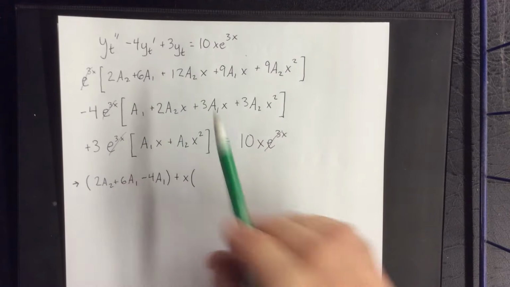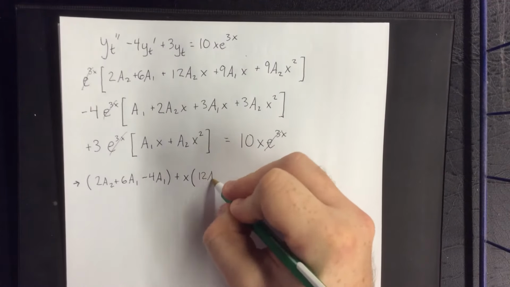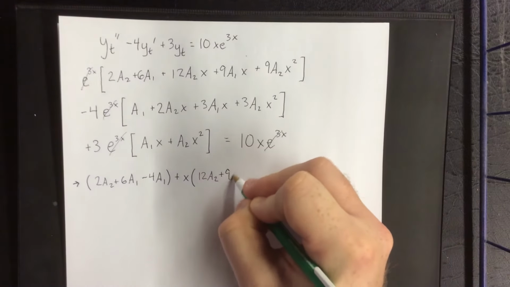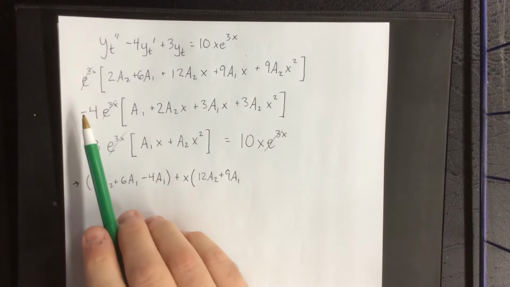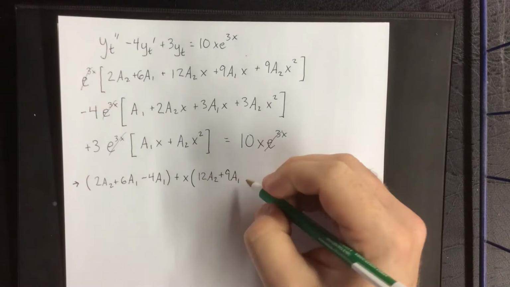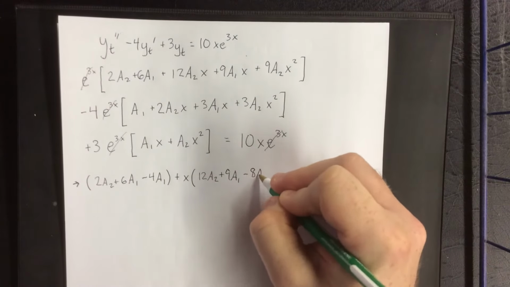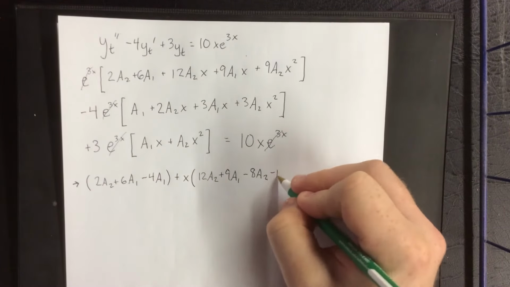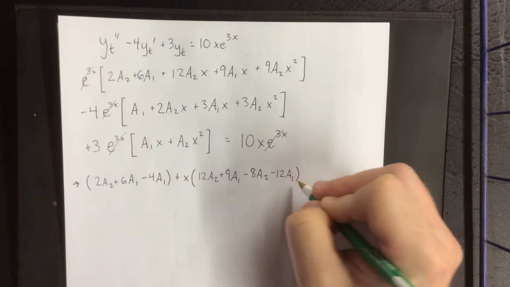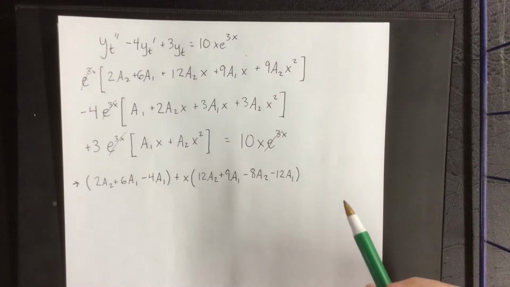From the first group we had 12a2 plus 9a1. From the second group we have a coefficient of minus 4, so that'll be minus 8a2. And then minus 12a1. And that's it for that group.